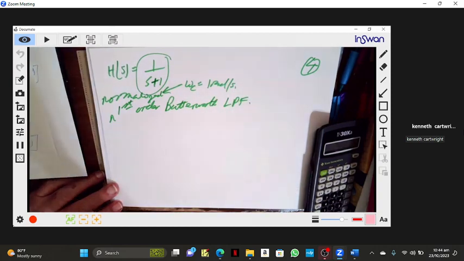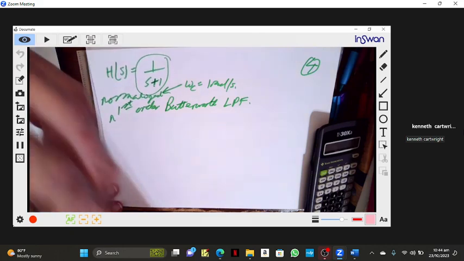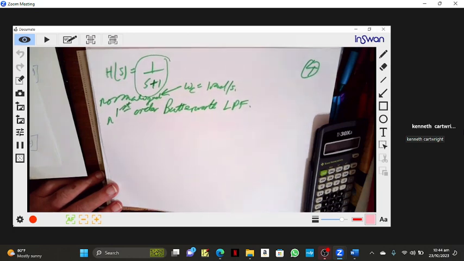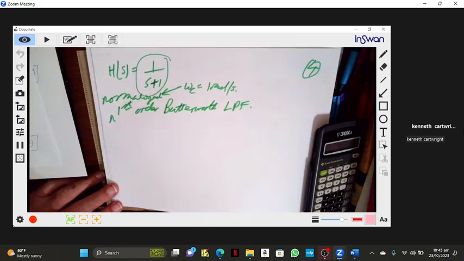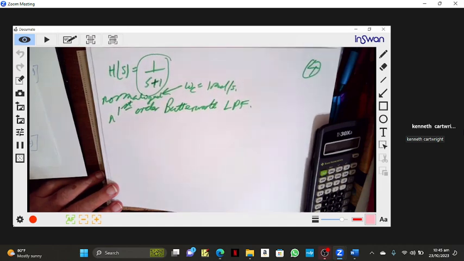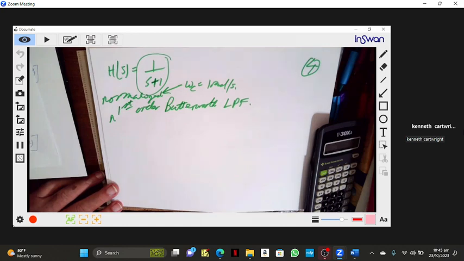Now, how is it y'all don't remember that this is the Butterworth filter? I'm happy you remember it's a first order filter. I mentioned in ELT 120 that if there's only one capacitor or one S term, it's a first order filter.